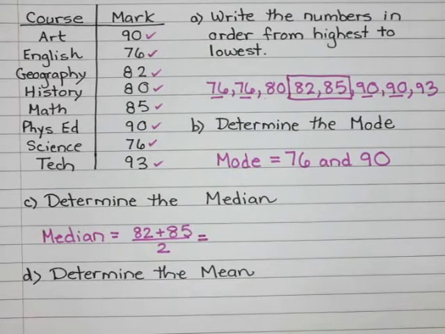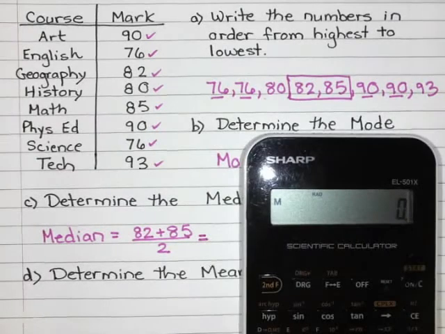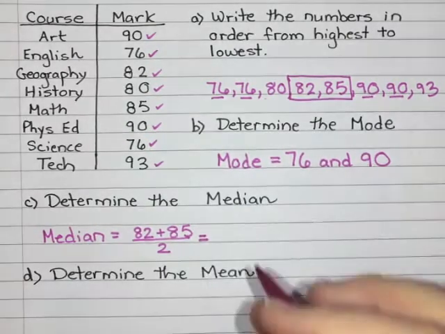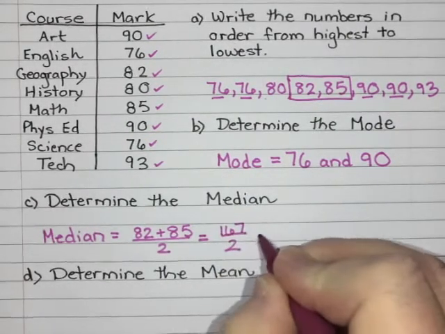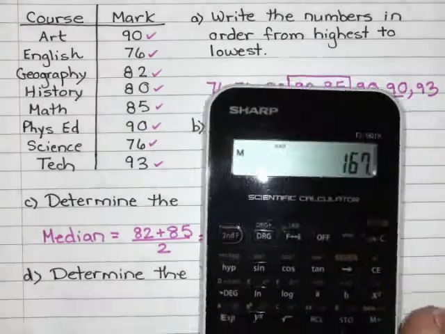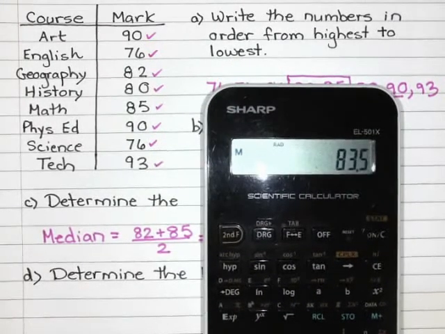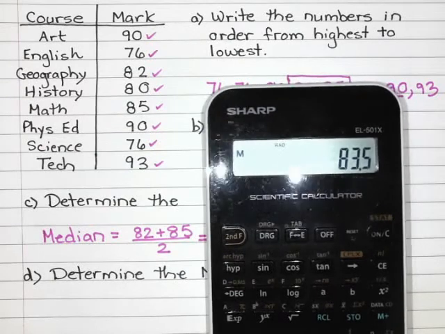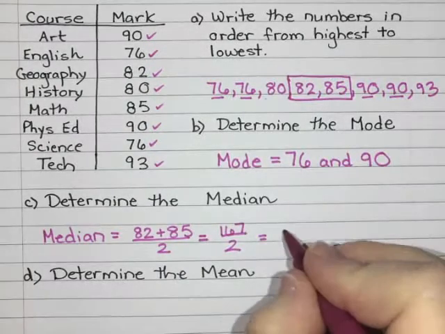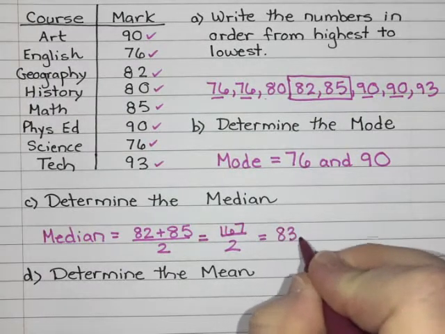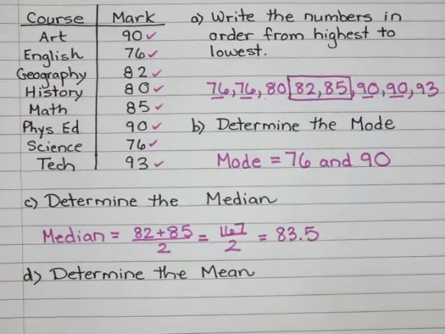So 82 plus 85 is 167. And then 167 divided by 2 is 83.5. That doesn't need to be rounded. It only has 1 decimal point. So our median is 83.5.